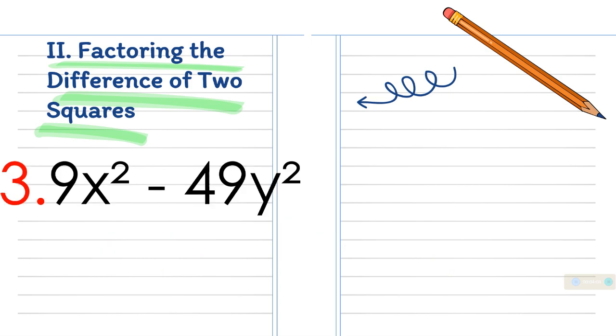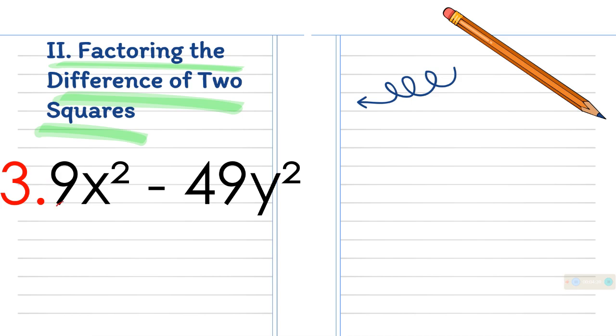Okay, next. Let us have this one. Oh, it seems that both terms of the given binomial have different variables. So this time, still, you have to get the square root of the first term, 9x squared, then the square root of the second term, 49y squared, and then express as the product of the sum and difference of two terms.